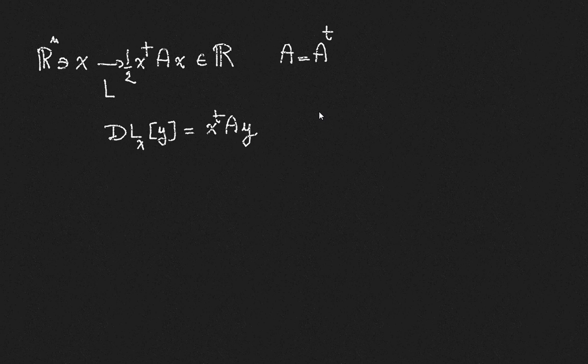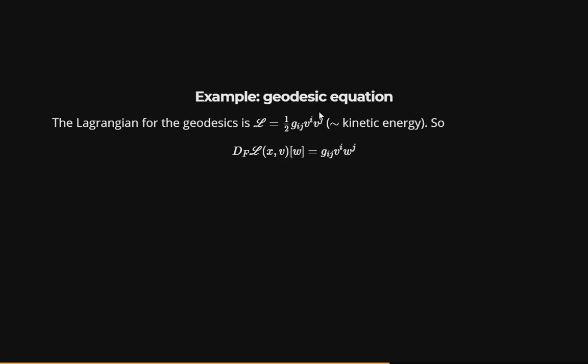This works because A is symmetric, otherwise you would get two different terms, but in this case they sum up to x transpose A y. So in our case, the fiber derivative is just g_ij v^i w^j.